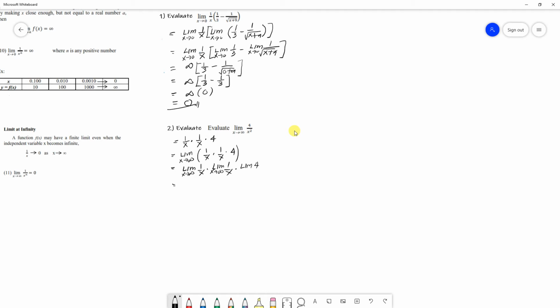So applying theorem number 1 on the first function, so this is 0 times 0 times 4. Right, this is also approaches infinity. So 0 multiplied by 0 and 4, so the answer is also equals to 0.